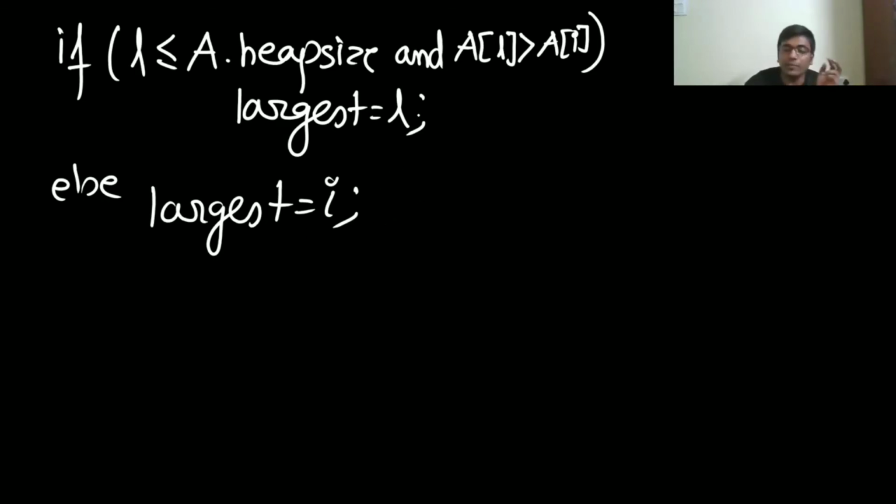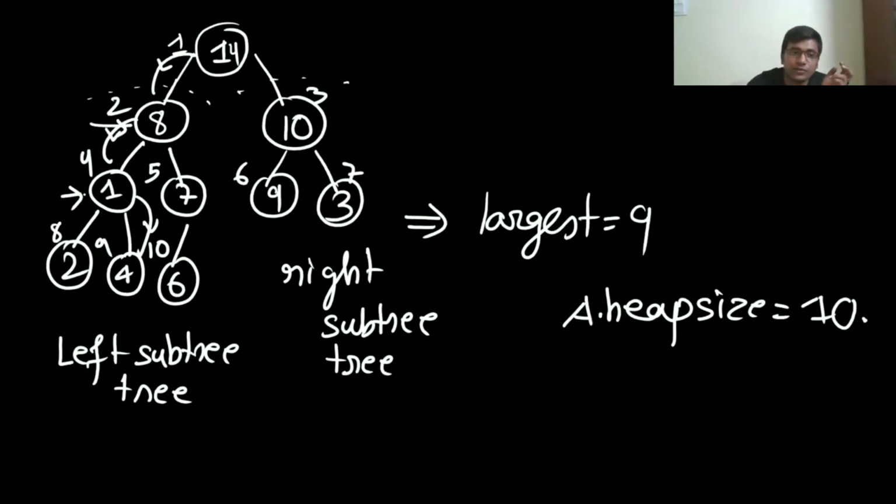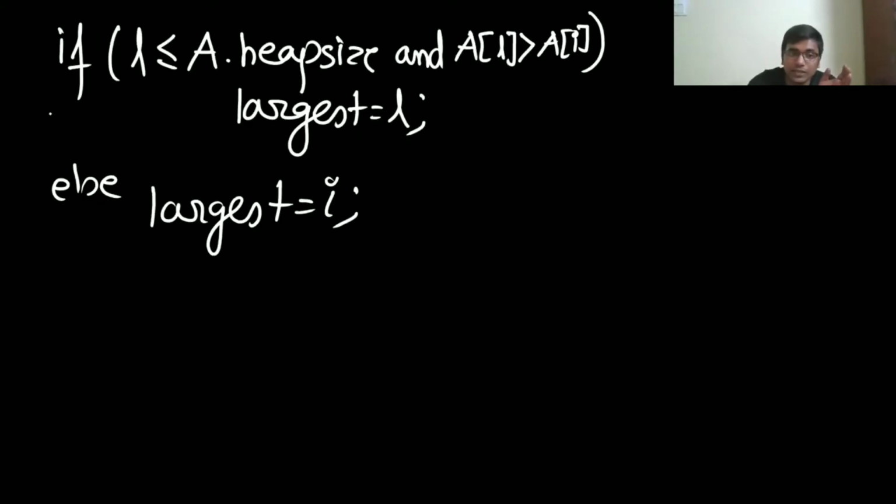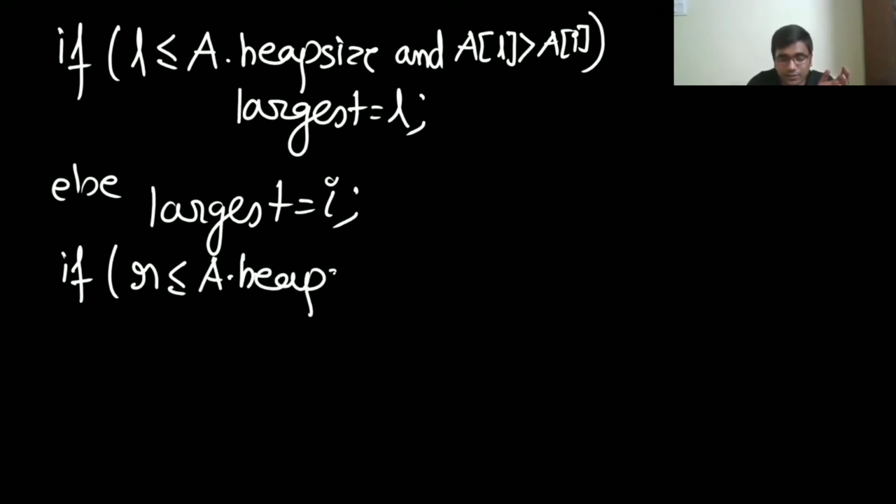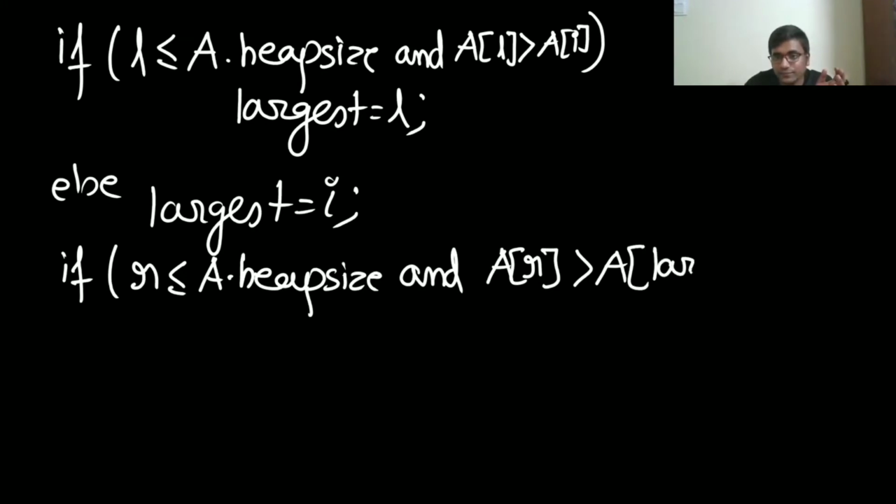Now by comparing left child and the parent, we got the largest index. Now with the largest we need to compare with the right child. So now with the largest index we need to compare. If R is smaller than A dot heap size, and we will check whether A of R is greater than A of largest.